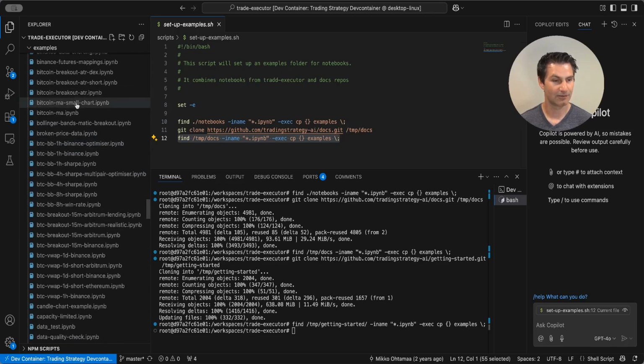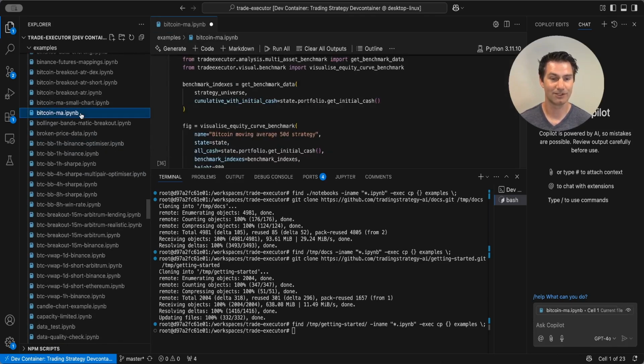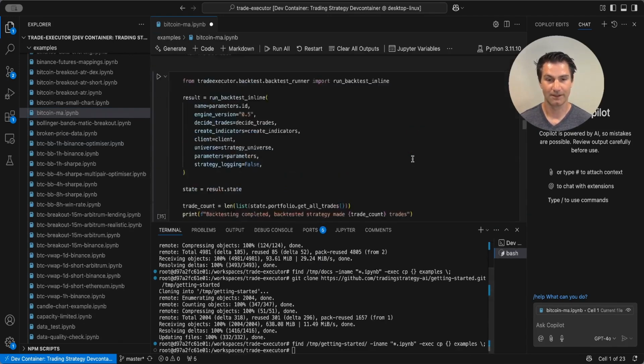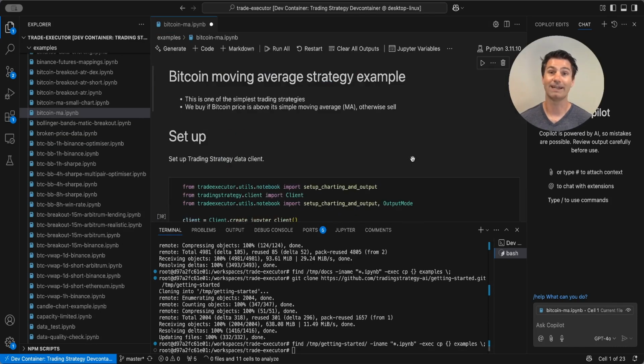And it is called Bitcoin Moving Average. Okay. And so this one is provided in one of these examples, right? Bitcoin moving average strategy example. This is one of the simplest trading strategies. We buy if Bitcoin price is above its simple moving average, otherwise we sell, okay? And so what we'll do next is we will see if we can backtest this. That's one of the great things about this framework here.